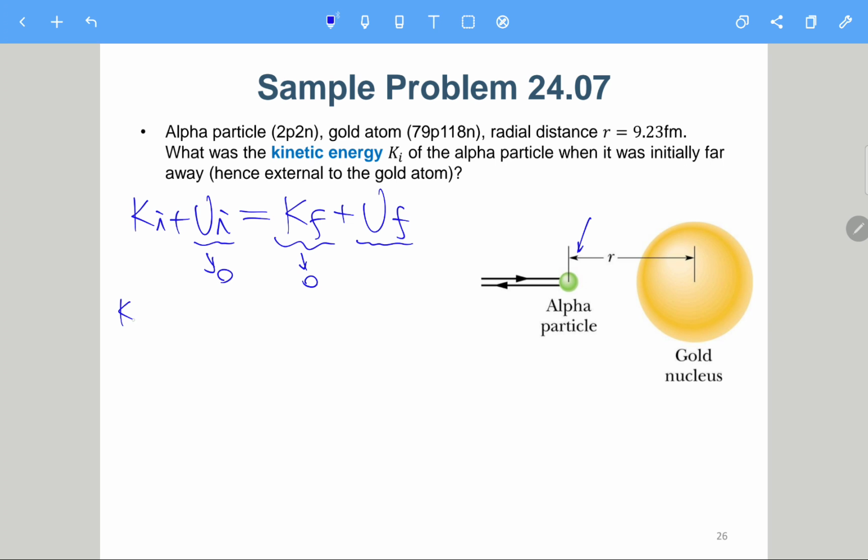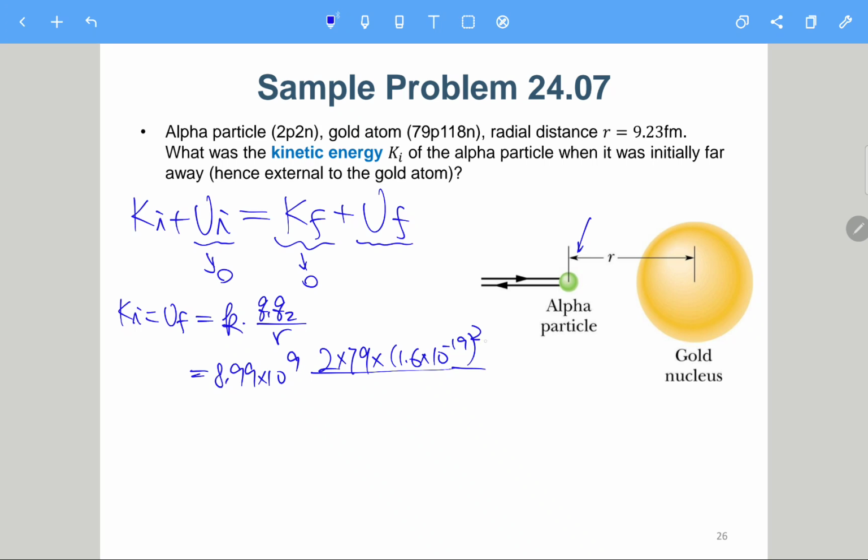So actually we have Ki equals Uf, which is K times Q1 Q2 over R. So K is 8.99 times 10 to the 9th power, and then Q1 is 2 protons, and the gold atom is 79 protons, times 1.6 times 10 to minus 19 quantity squared, and then R is 9.23 times 10 to minus 15.